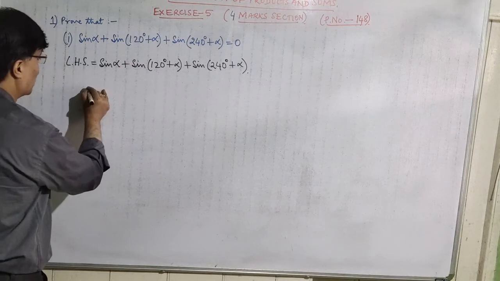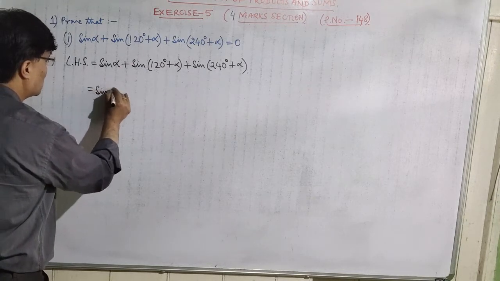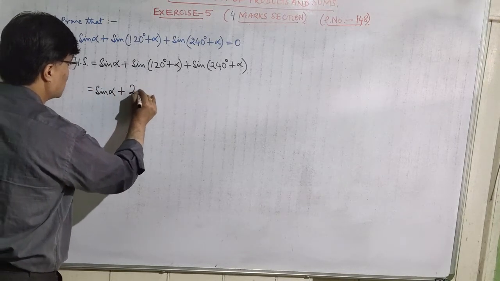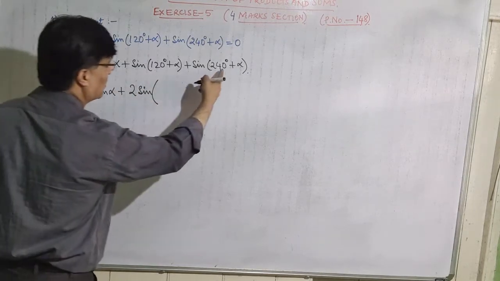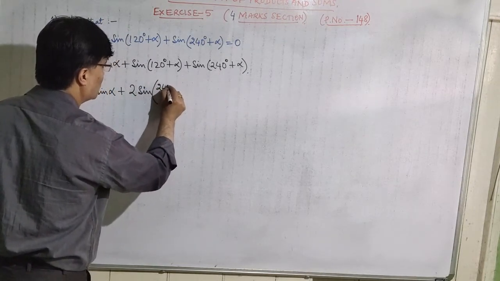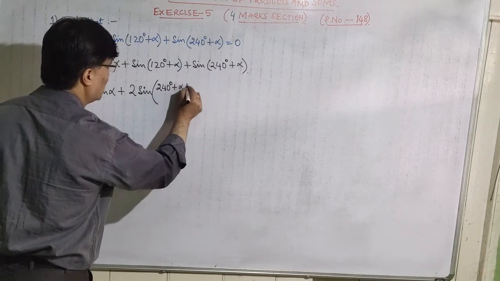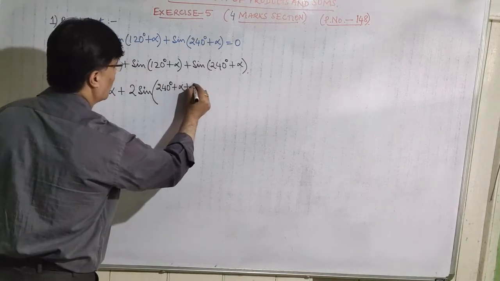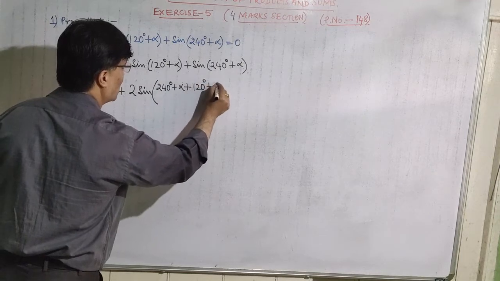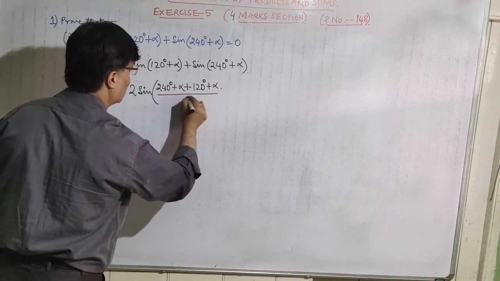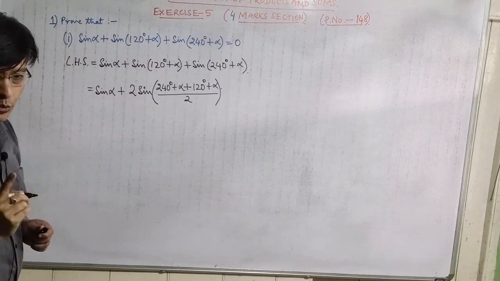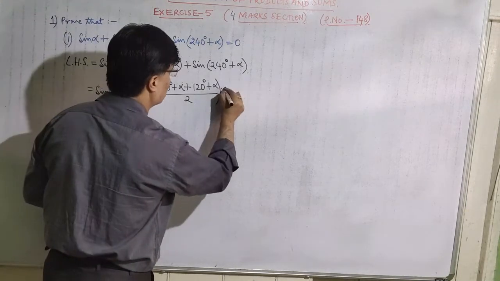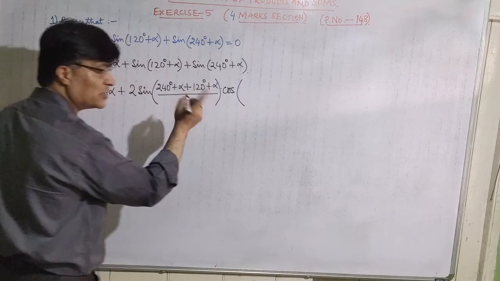So let us use the formula, which is equal to sine alpha plus 2 sine of (C plus D) by 2. What is C? 240 plus alpha. C plus D, what is D? 120 degree plus alpha, divided by 2. That is your 2 sine (C plus D) by 2. Then next, cos of (C minus D) by 2.